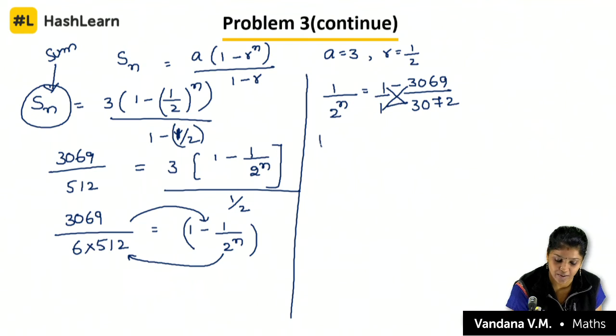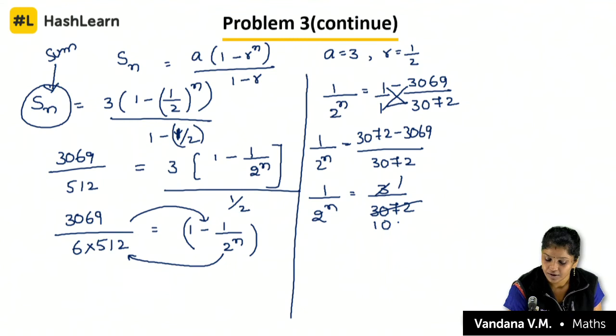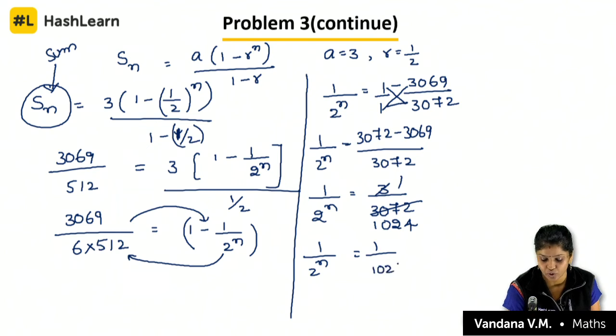How to find the LCM? 1 by 2 power n is equal to 3072 minus 3069 by 3072. How much will I get? 3 divided by 3072, 1 by 2 power n. Now, cancel: 3 ones are, 3 zeros are, 3 2s are, 3 4s are. 1 by 2 power n is 1 by 1024.